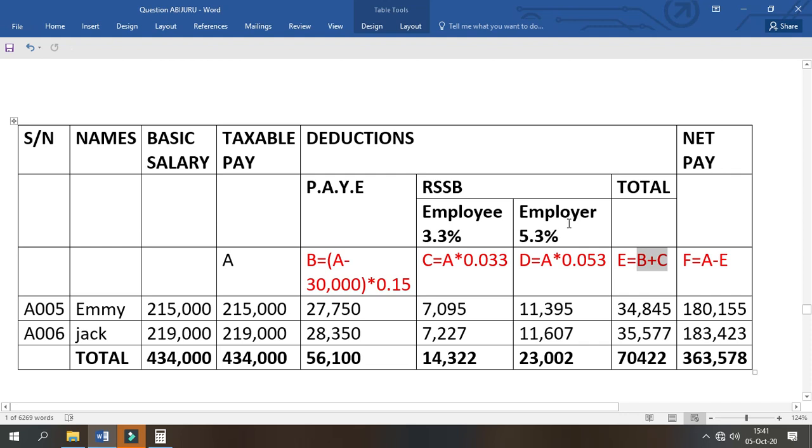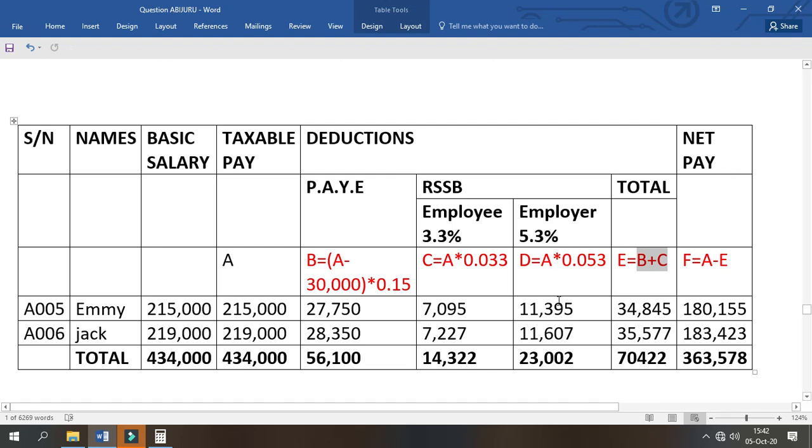The employer's contribution is not included in the total deductions to be deducted from the taxable pay or basic salary of the casual laborers. The employer contribution is an expense for the business.